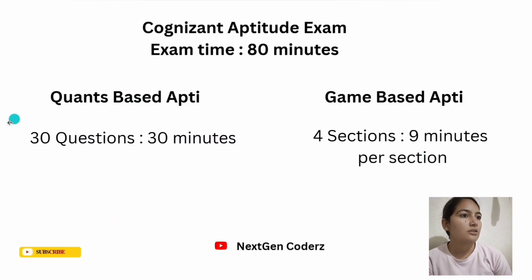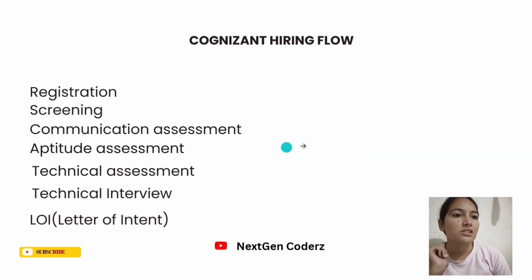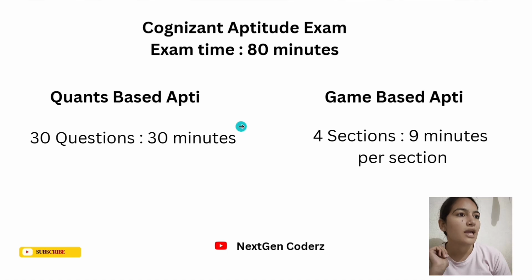So let's start. In the Cognizant Aptitude Assessment round, there will be two sections. The exam will be divided into two sections. The first section will have 30 quantitative aptitude questions, and you have to solve those 30 questions in 30 minutes.